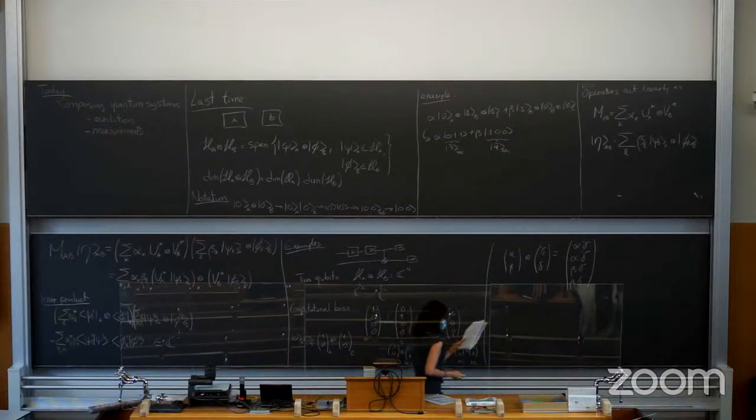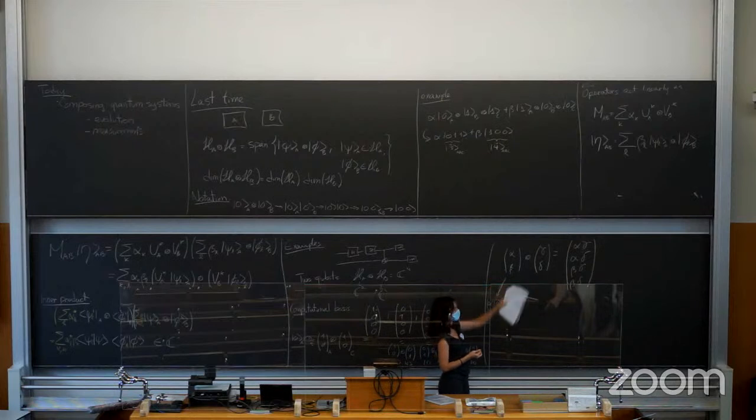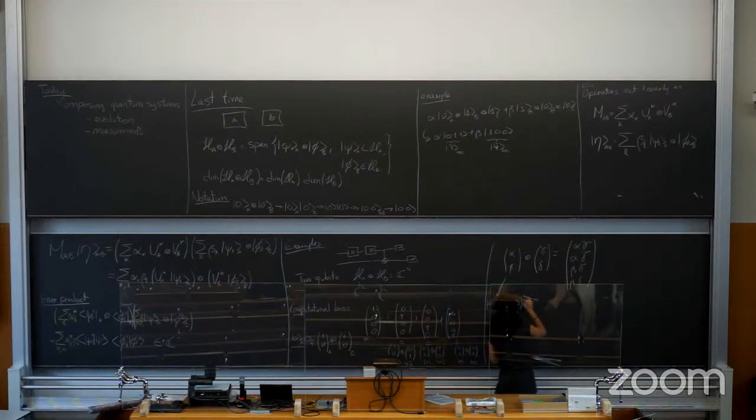So we just write, okay, this is alpha 0 plus beta 1. I just took this and wrote it in vector form. And this is gamma 0 plus delta 1.